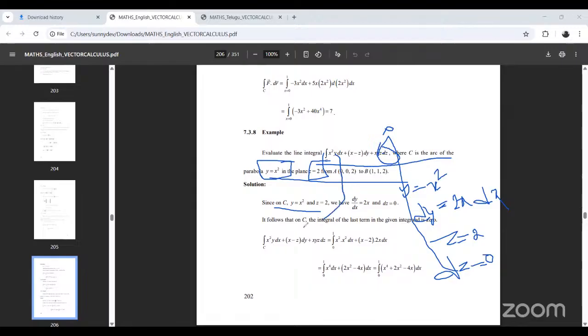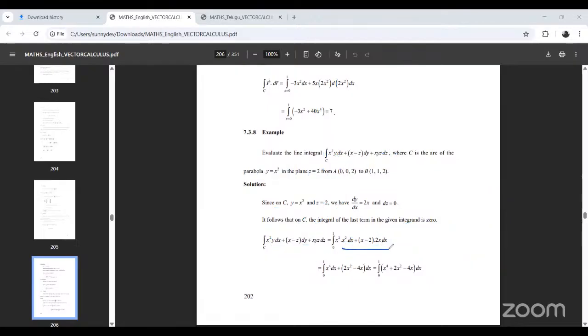Now if you substitute y equal to x square, it will be x square into x square. Next z equal to 2, so that becomes x minus 2. And dy equal to 2x dx. So the integration of x square into x square dx plus x minus 2 into 2x dx.